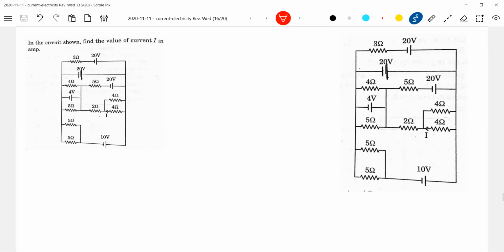So shall I begin like this? There's a potential at this point, plus 10 volt. I'll take help of a cell. Then everywhere potential should be the same. If this is minus 10, shall I write... I'll remove V because of writing again.